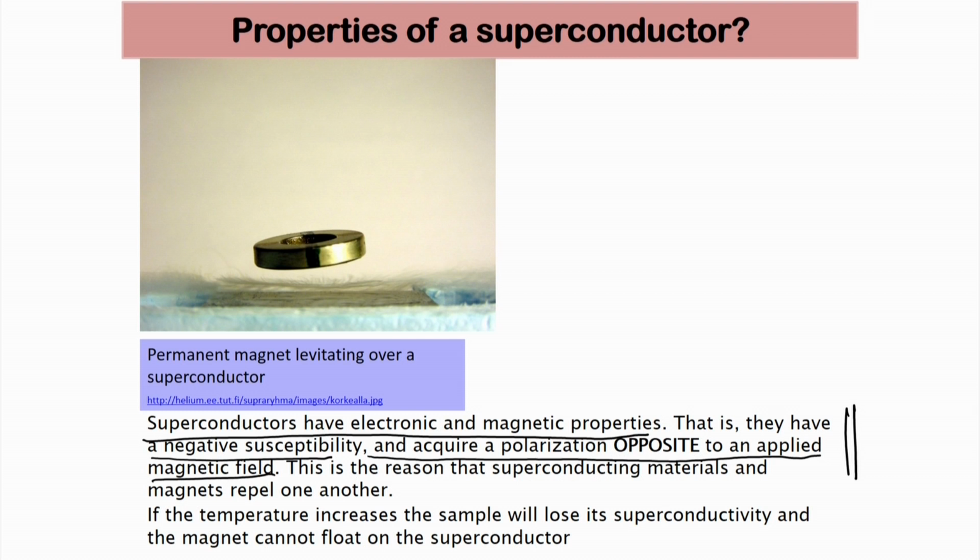If the temperature increases, the sample would lose its superconductivity, and the magnet will not be able to float on the superconductor, because superconductivity is destroyed. So, the Meissner effect goes along with that. There will be no more exclusion of the flux, and so the magnetic energies go away, which used to support the weight of the ring.